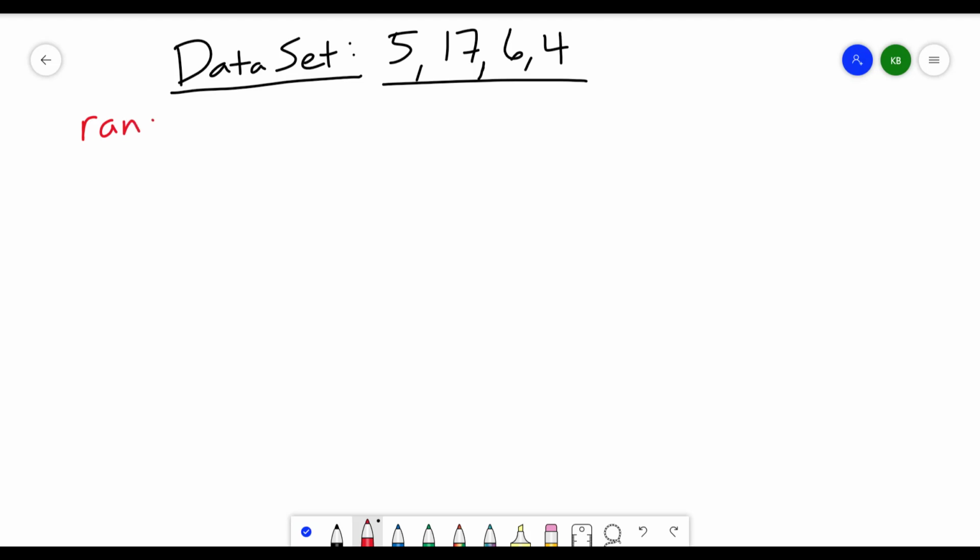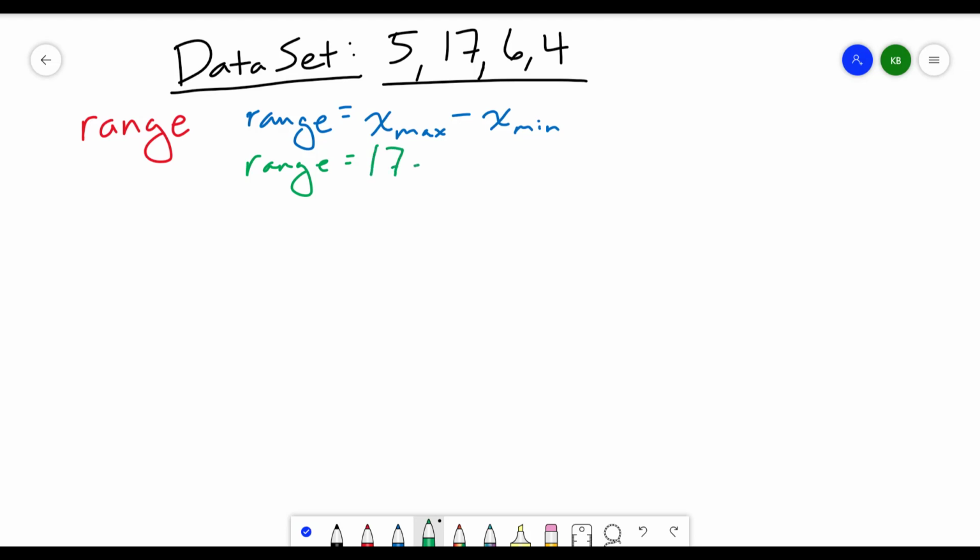called the range. To calculate the range, our range is going to be equal to our maximum observation minus our minimum observation. So in our case, we're going to have a range equal to our maximum observation of 17 minus our minimum observation, just 4.